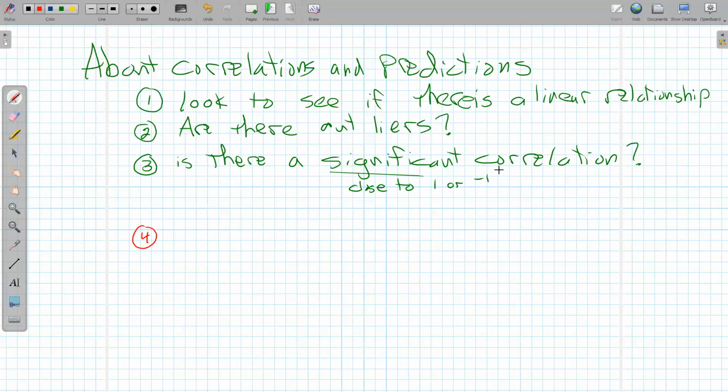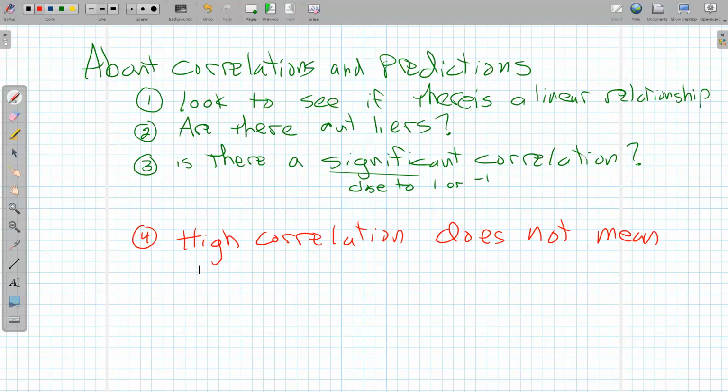Just because there is a strong correlation doesn't mean there's a reason for it. So high correlation does not mean there's some cause and effect going on.